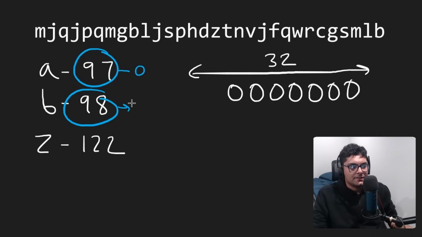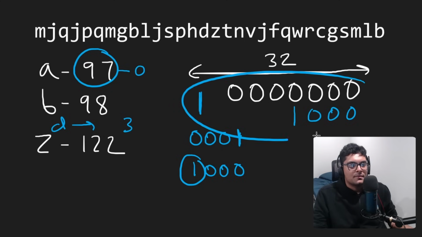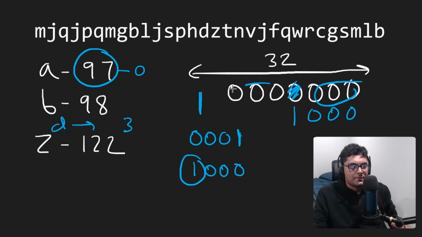I'll use actually example D. In this case, D would correspond to 3. So we would take 1, shift it to the left by 3. So it would go from looking like this to looking like this. So that tells us this is the bit we want to set. And then you can take this number, put it over here, stack it here, and then do the bitwise OR between these, which will set the bit to 1 here, and every other bit will stay the same.